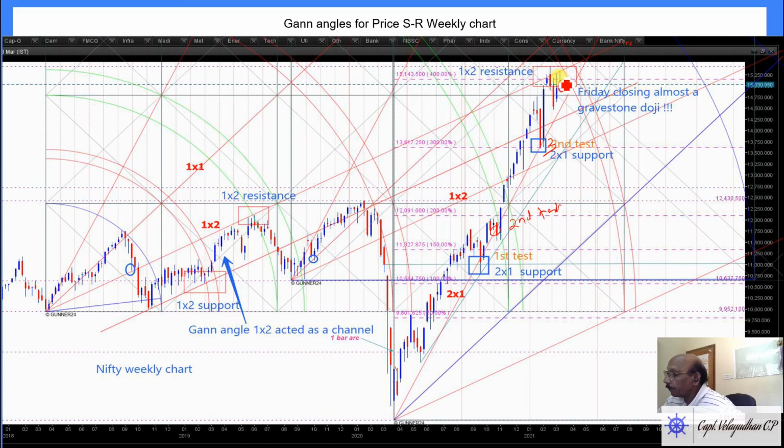So by analyzing the Nifty weekly chart, my suggestion is to book profit on the long positions and stay with the cash. So when the market comes down to support level, we can buy. Maybe here, maybe here.